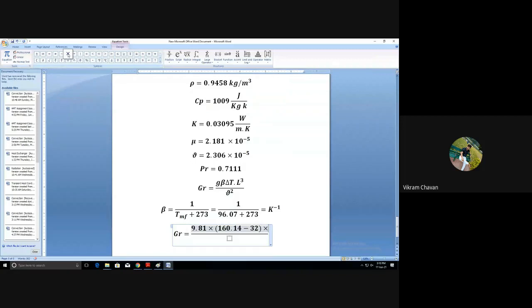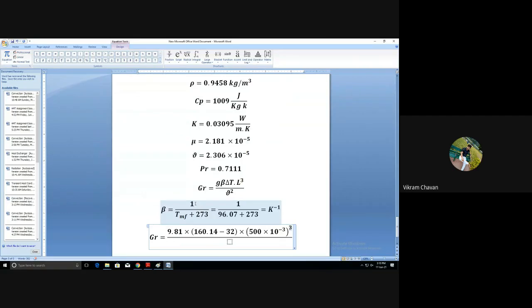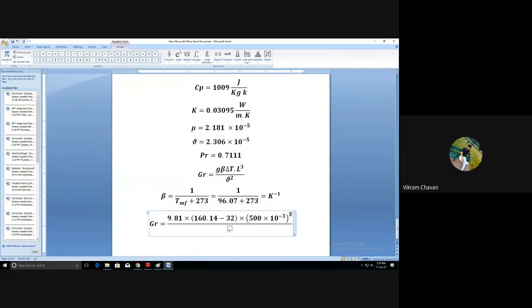Multiplied by L cube. G beta delta T L cube. L is 500 into 10 to the power minus 3, raised to the cube, and divided by nu square. Only the beta value is remaining in the numerator.